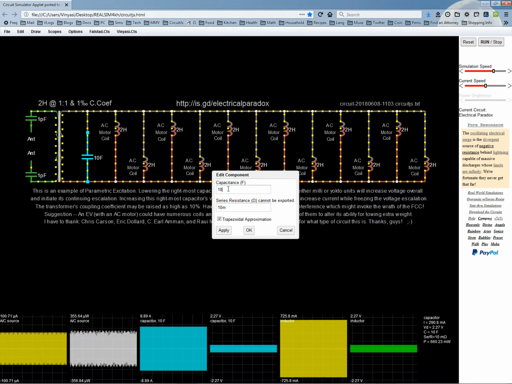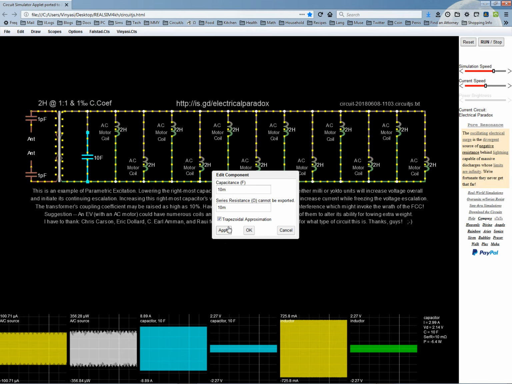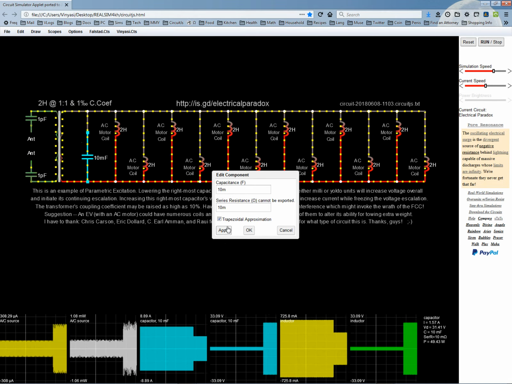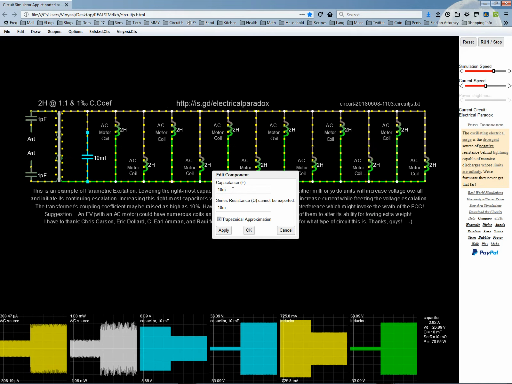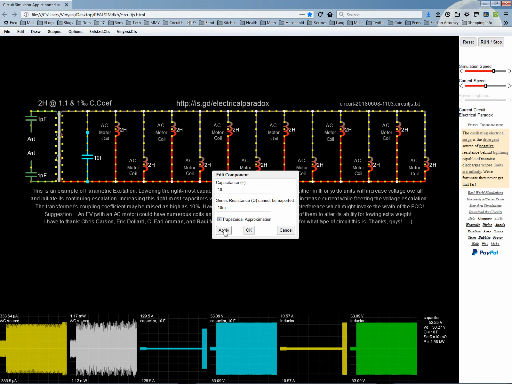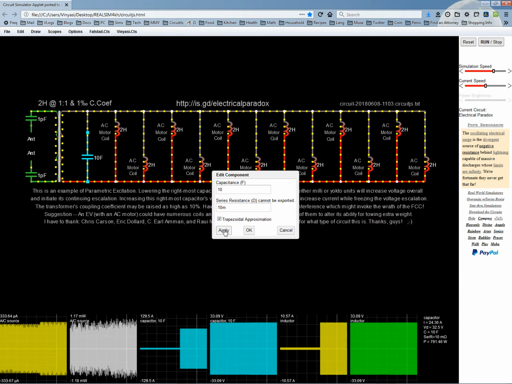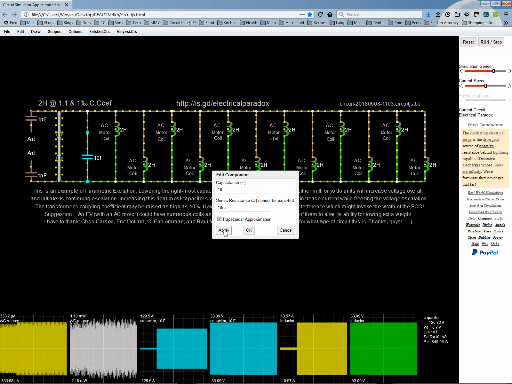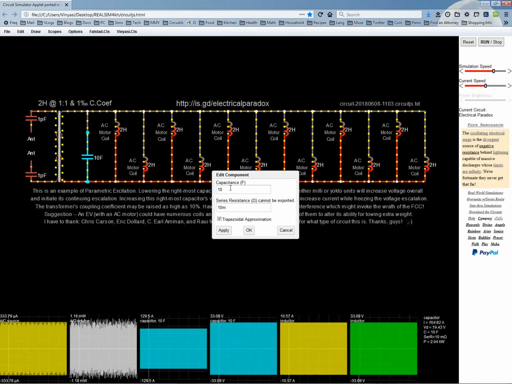Maybe I did, I don't know. So we just keep going, because I haven't reached my target yet. So we're up to 10 amps and 33 volts on the coil, or coils. They're all the same, so I only scope one. So 10 amps, 33 volts.